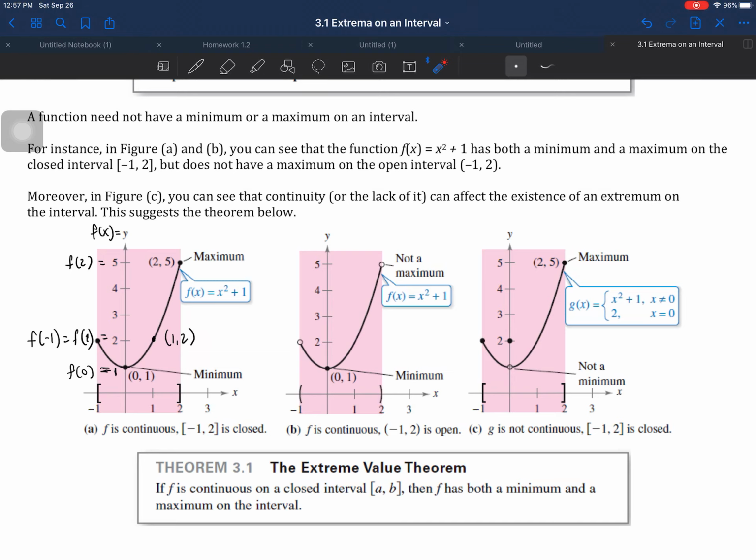Let me say that again. If I don't give you the picture and I just give you the actual function and the interval, would you be able to determine the minimum and the maximum of the function? That's the question we want to ask. Now it's very easy right here because we can see it. So we're going to have to explore that direction.